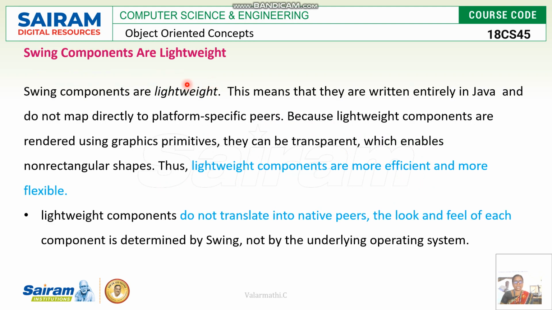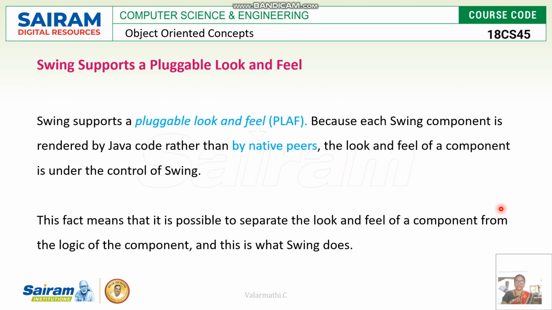Why is it lightweight? Since many Swing components are platform independent, those components are transparent, which enables non-rectangular shapes, so that we can control all the properties of those components. In that way the components are more efficient and flexible, and they do not translate into native peers.